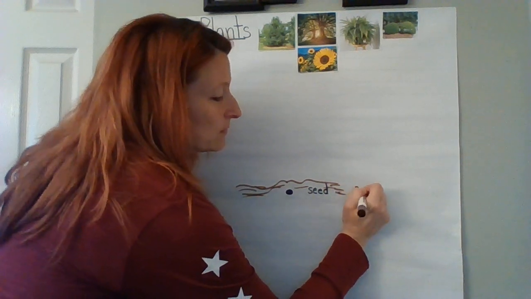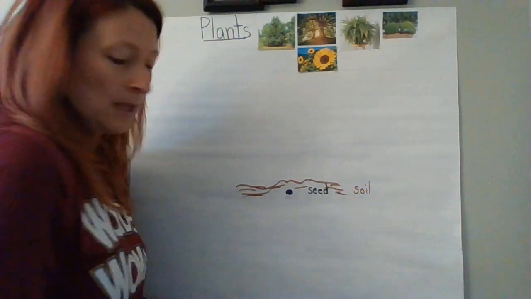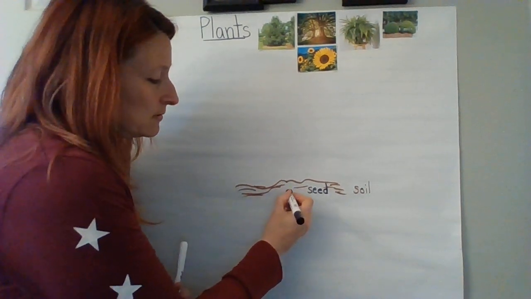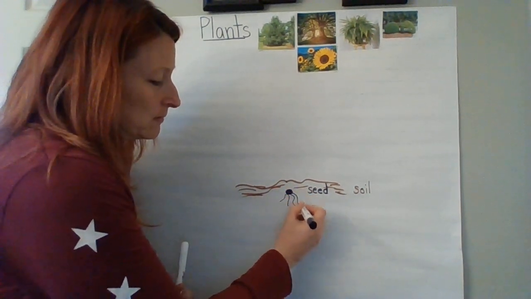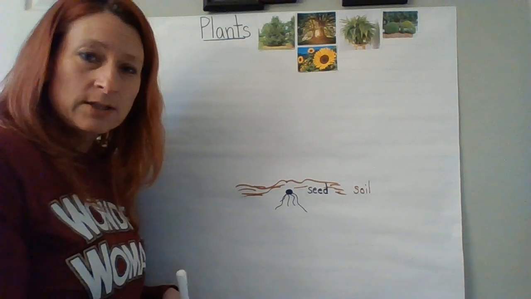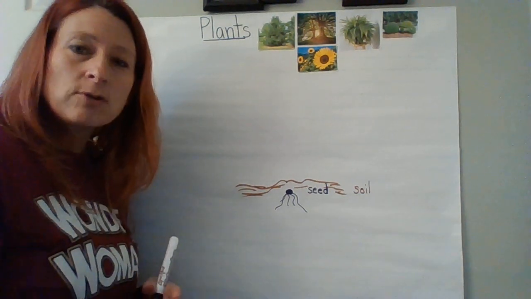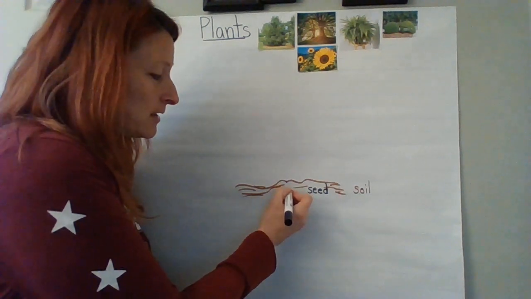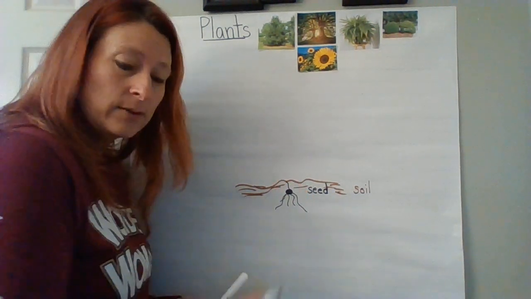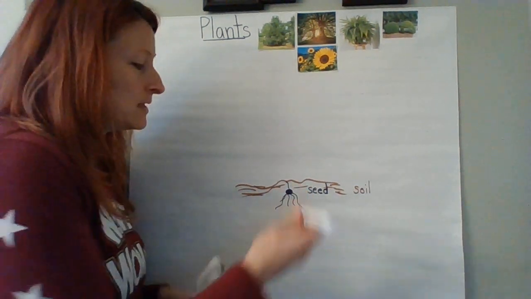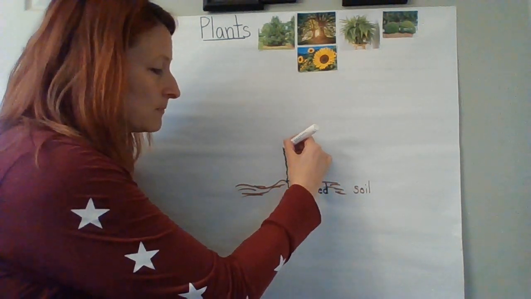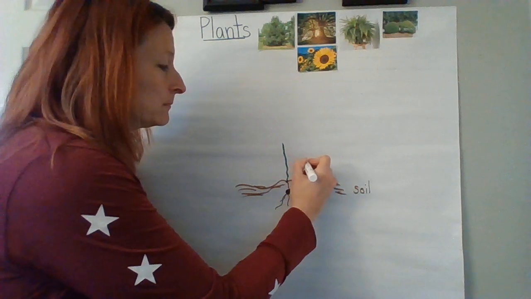And from that seed, roots will grow. The roots go down into the ground and get the nutrients out of the ground. And out of the top of the seed is a sprout. When it comes out of the soil, it grows and becomes the stem.